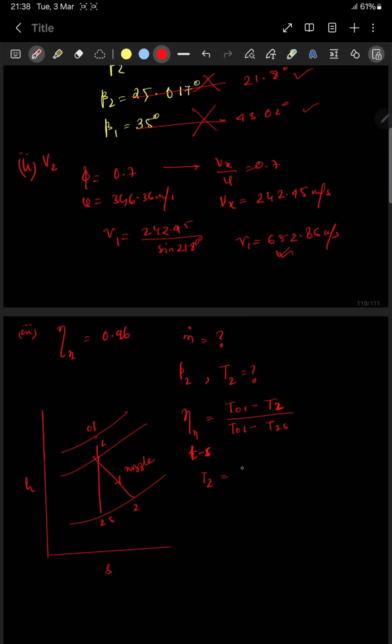T2 is equal to T02 minus V2 square by 2 Cp.